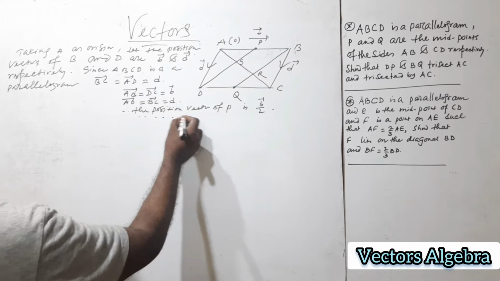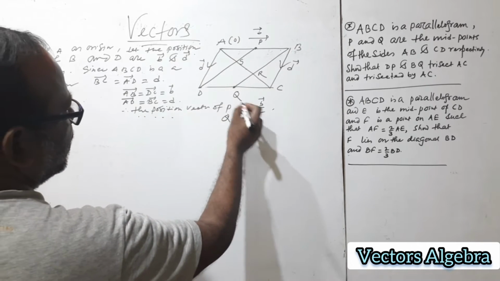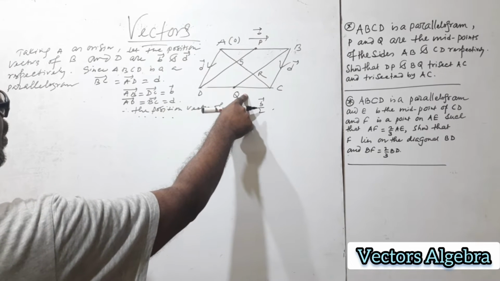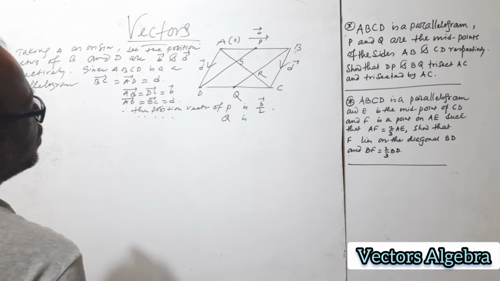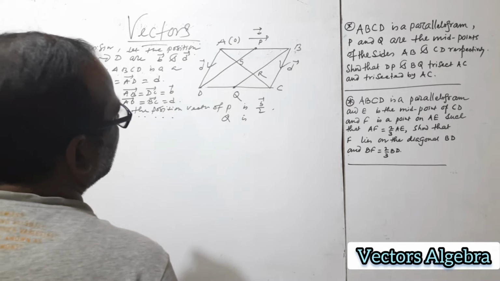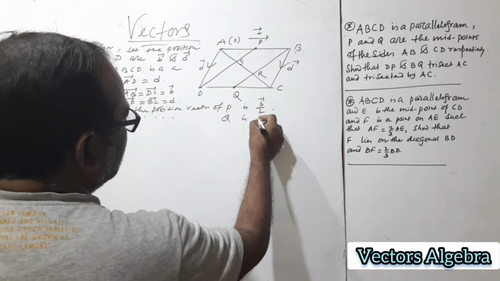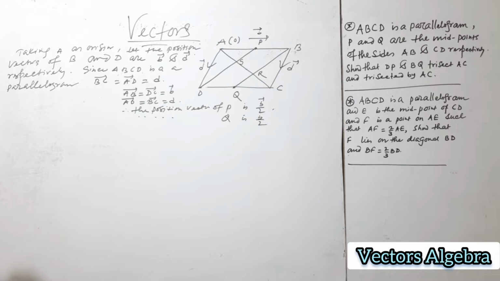And the position vector of Q is also b by 2.